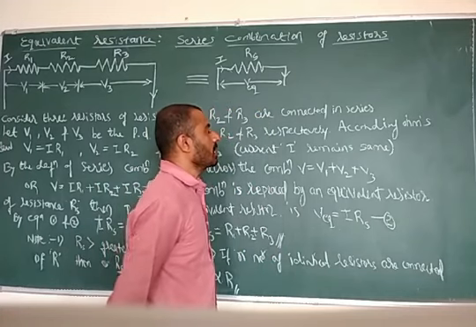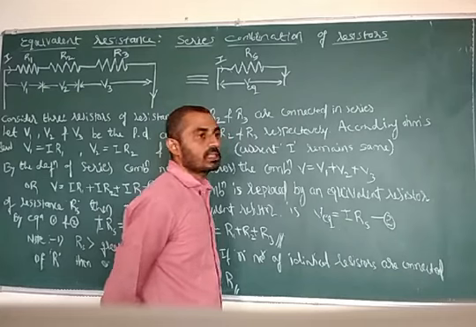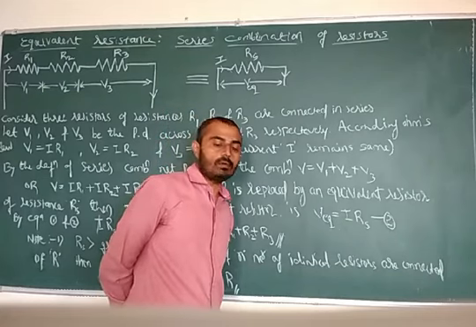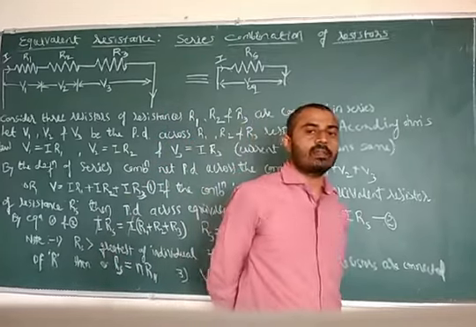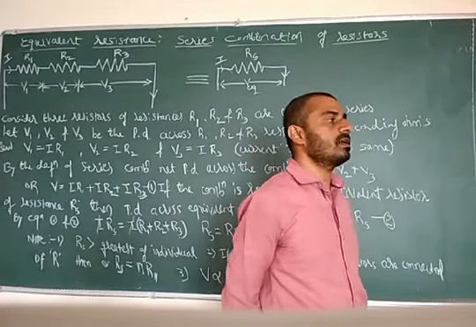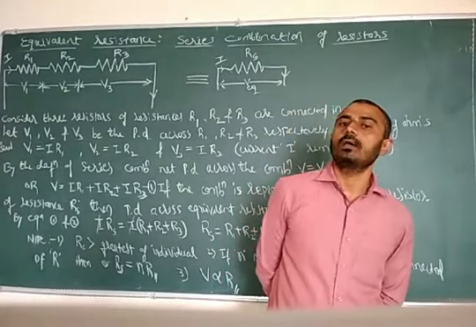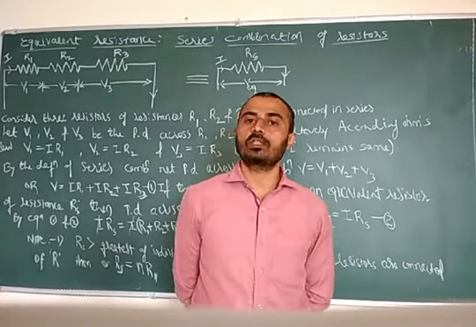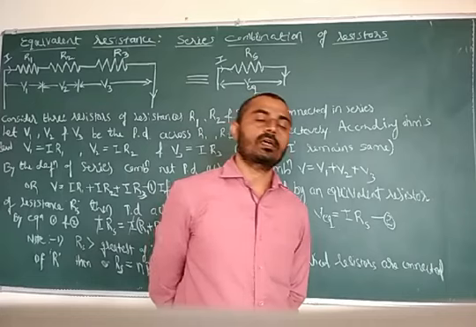Okay, for practice I will take one or two examples. In the last class I told you how this can be asked for 1 mark. Either you are given a set of colors and asked to write the resistance value, or you are given the resistance as a numerical value and asked for its corresponding color code.